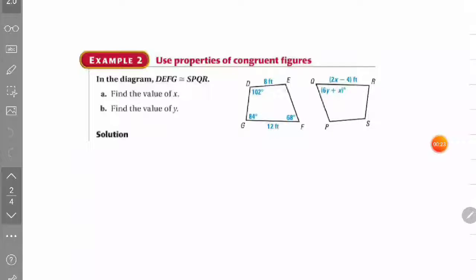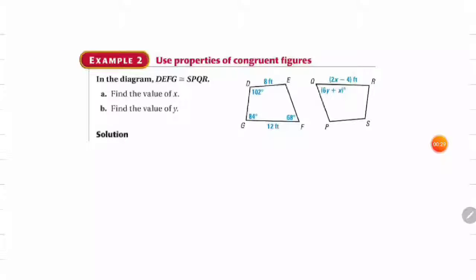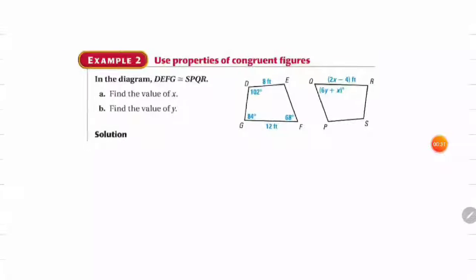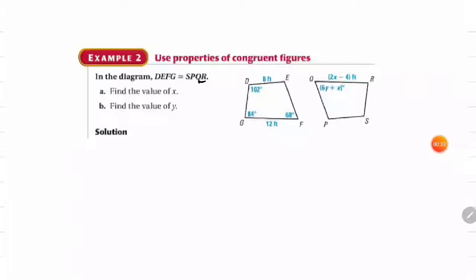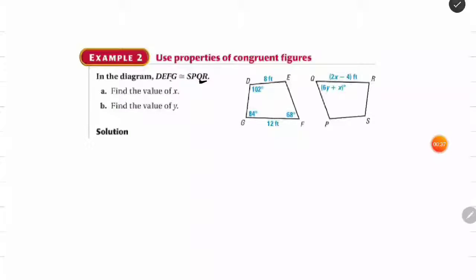Now, one way to look at it is you can tell that these shapes are just flipped over, so QR is GF. Another way to look at it is that QR is the last 2 letters here. That means FG will be the corresponding side. So that's 2 ways to look at it.